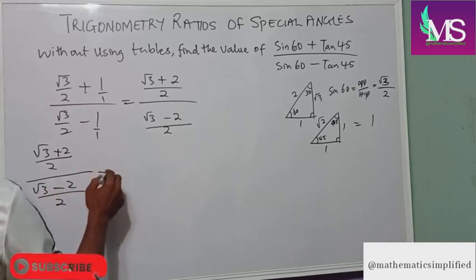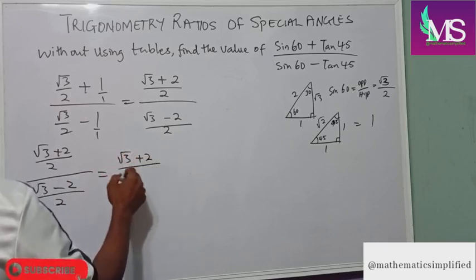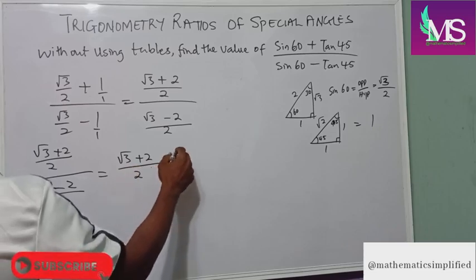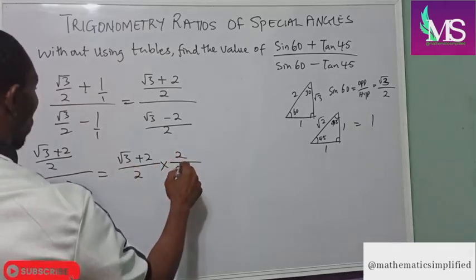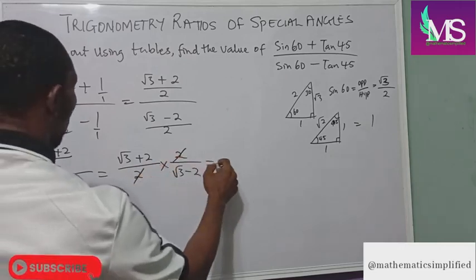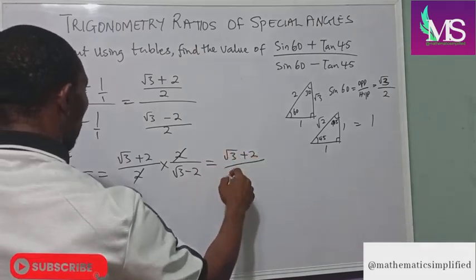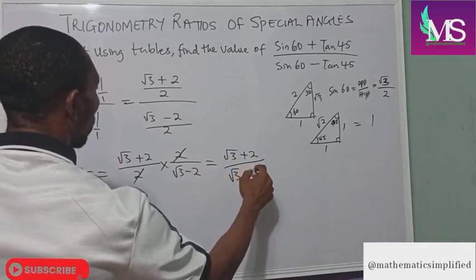So if we do the inverse, this becomes root 3 plus 2 all over 2, times 2 over root 3 minus 2. So this cancels out, leaving us with root 3 plus 2 all over root 3 minus 2.